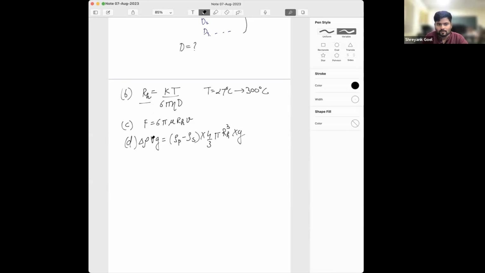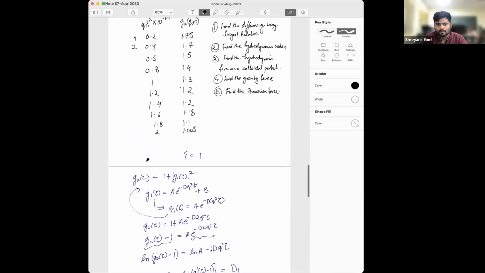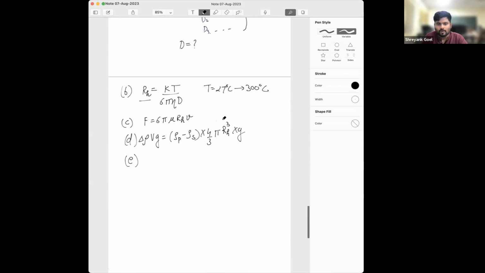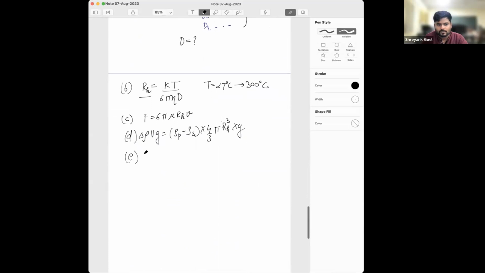Then the last part is the Brownian force. So what is the Brownian force? The Brownian force is kBT by RH, because we don't have any other parameters, so we have to use this. So from this we can calculate.